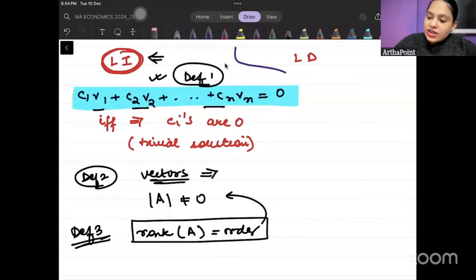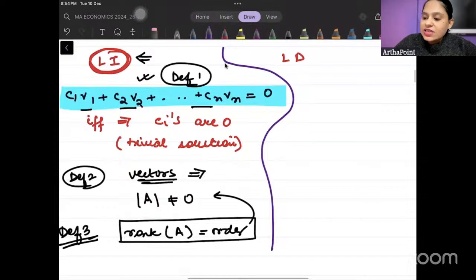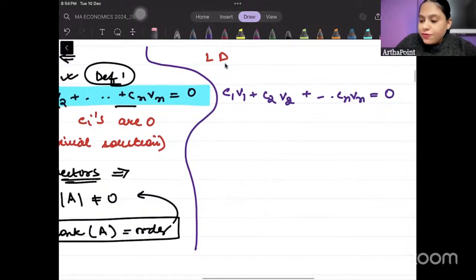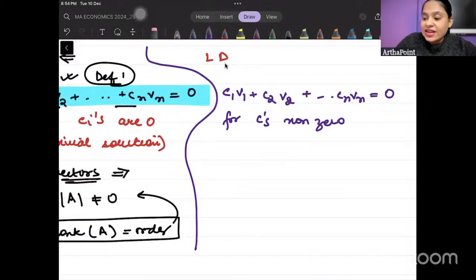What do we get for linear dependence? What will be the definition of linear dependence? It is linearly dependent if C1 V1 plus C2 V2 and so on till Cn Vn equal to 0 is true for Ci's non-zero. There exist at least some Ci's which are non-zero.